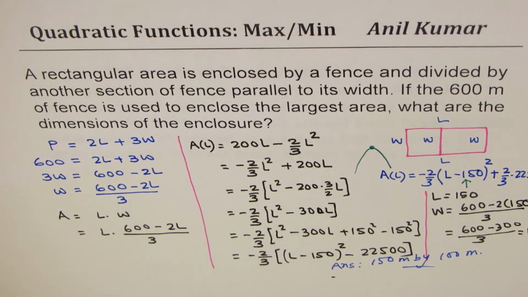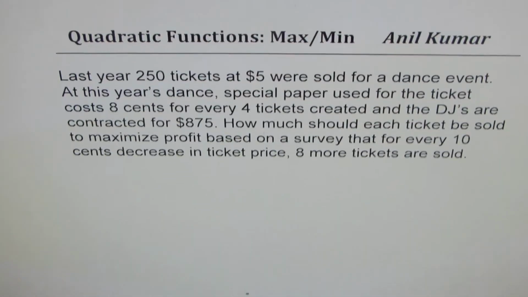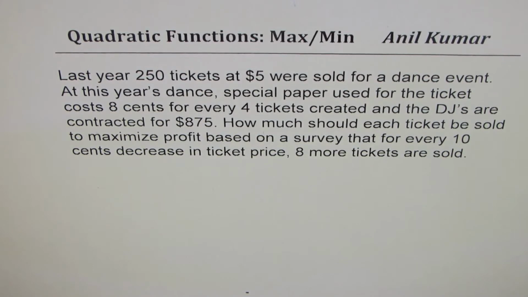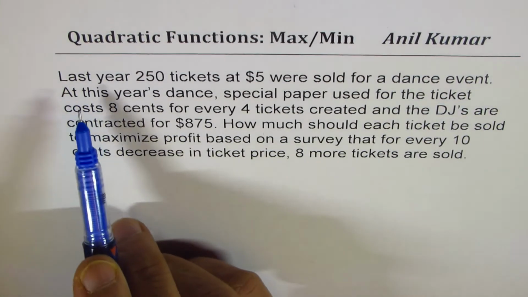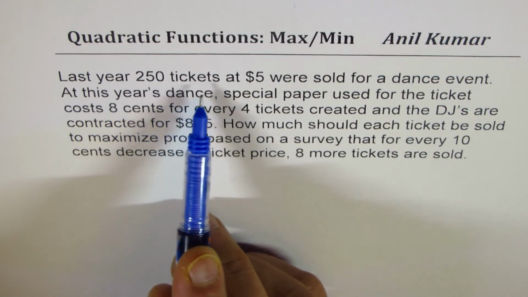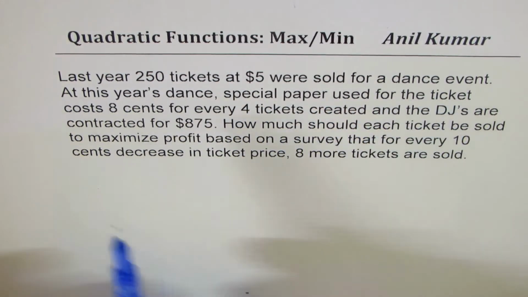Let's take up the next question, which is also the last question of this set of videos. Here is the word problem based on quadratic functions, maximum, minimum. The question here is, last year 250 tickets at $5 were sold for a dance event.